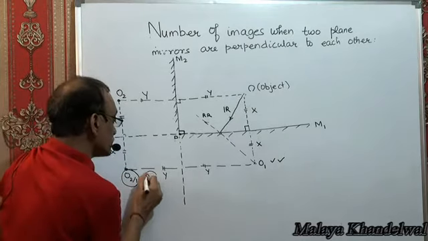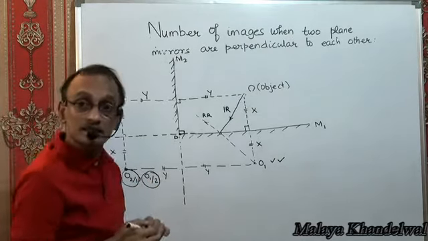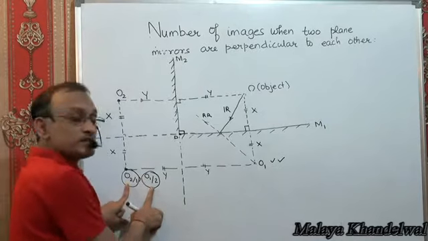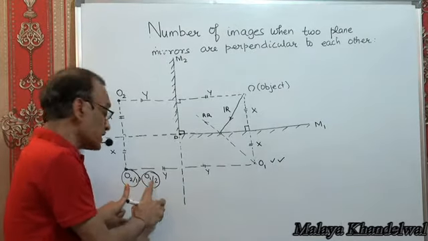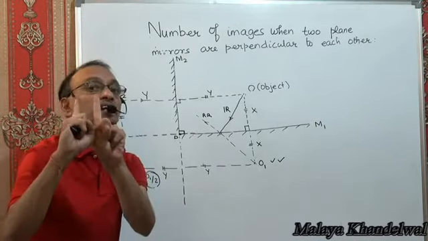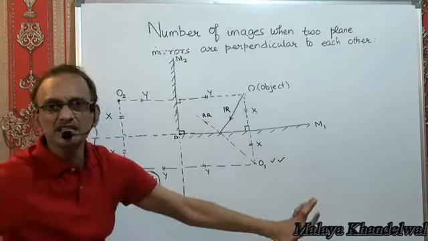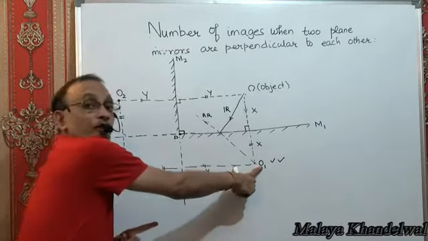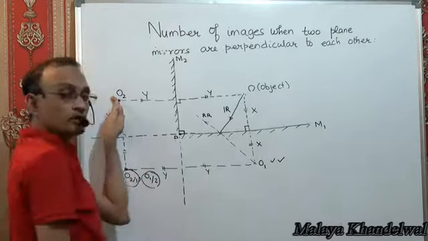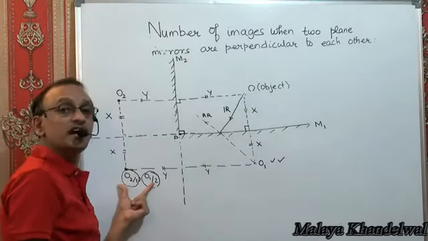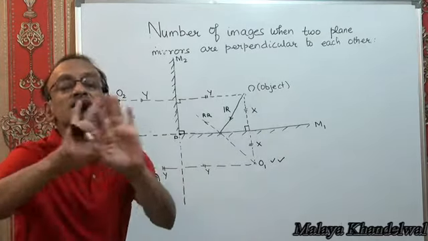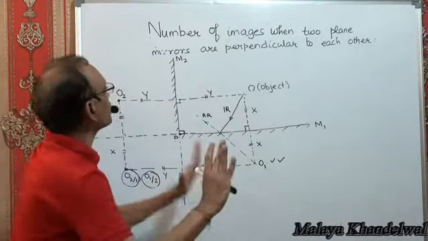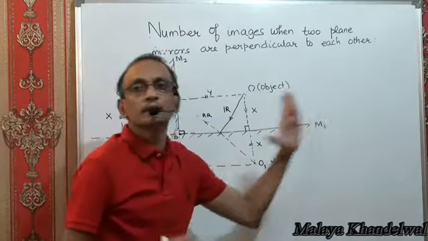And this image is going to be O12. That means these two images, as you can see, coincide with each other and eventually would merge into one image. So how many distinct images? One from M1 alone, one from M2 alone, and two other images that coincide. So effectively, three distinct images are formed by two perpendicular mirrors placed this way.